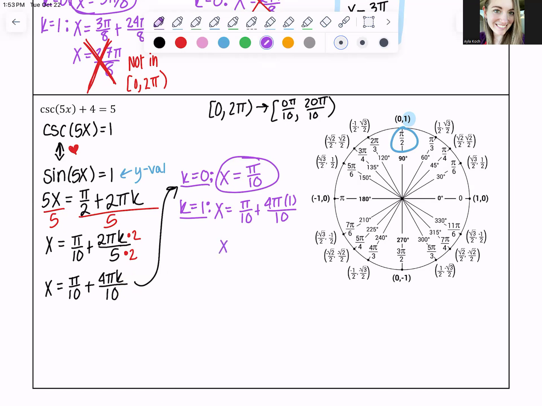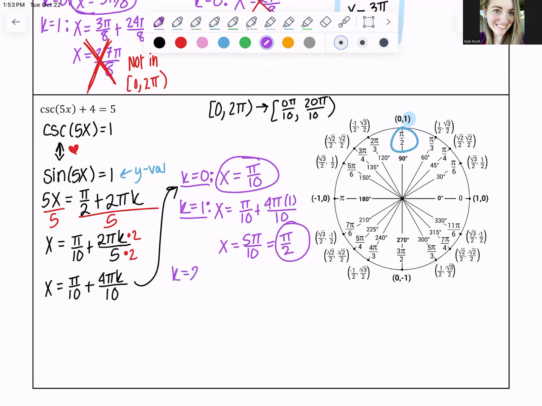You get pi plus 4 pi is 5 pi. X is equal to 5 pi over 10, which is pi over 2. So pi over 2 is an answer. Pi over 10 is an answer. Pi over 2 is an answer.